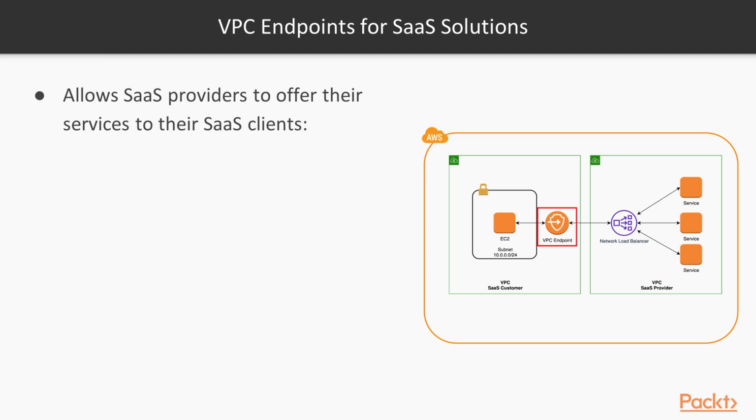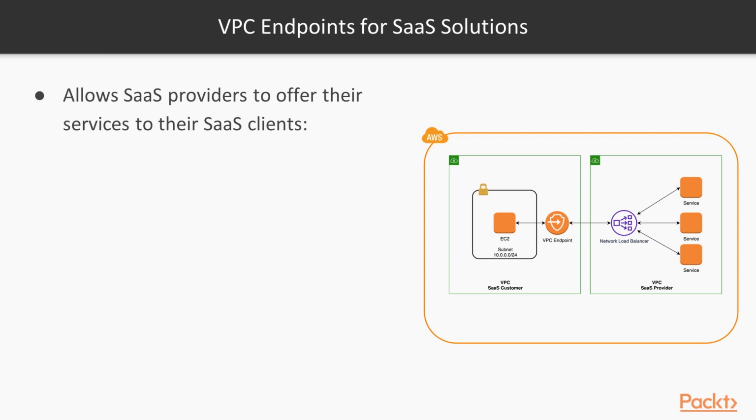They create a VPC endpoint and connect that VPC endpoint to their SaaS provider's network load balancer, which provides their services. So you have your customer's VPC connecting to their SaaS provider's VPC, all within the AWS network infrastructure, never leaving AWS to go out to the internet.